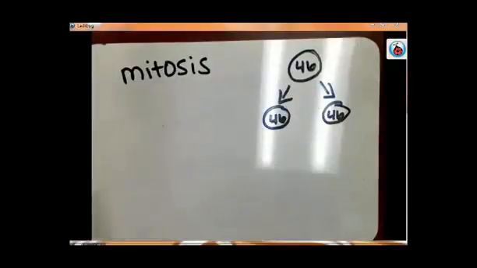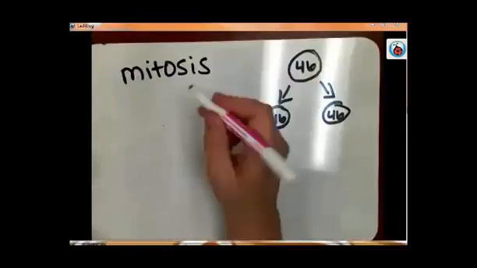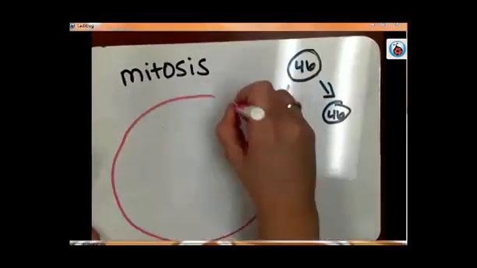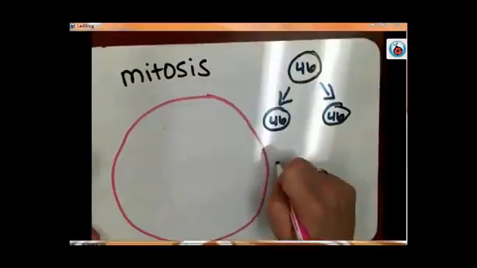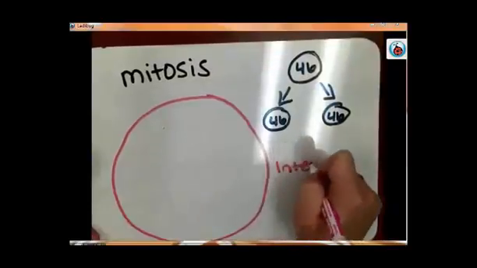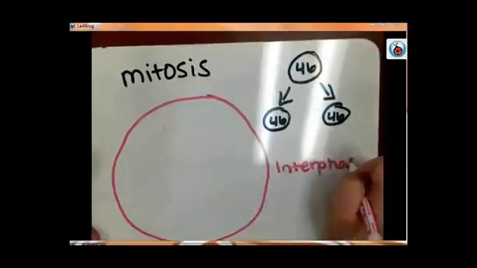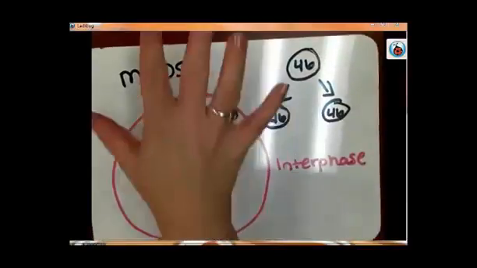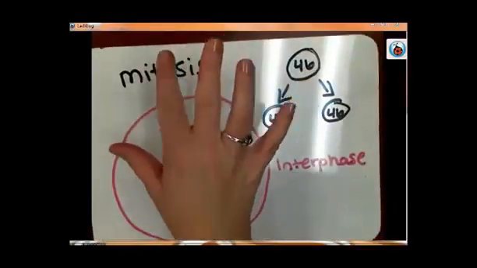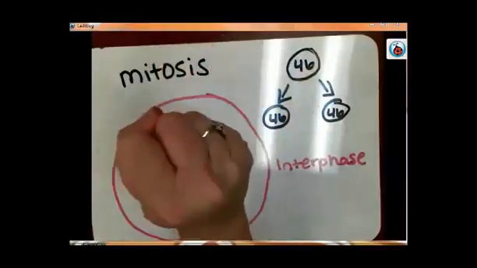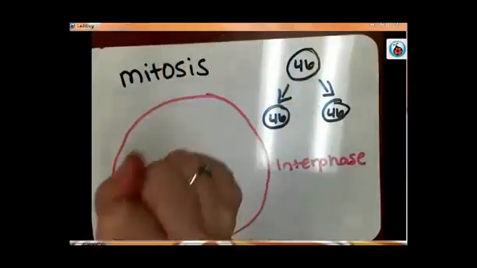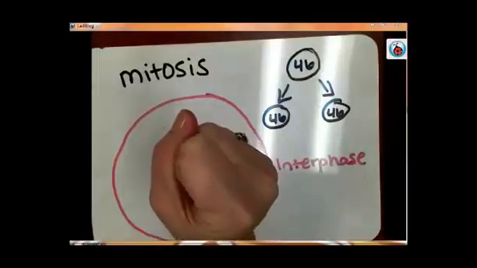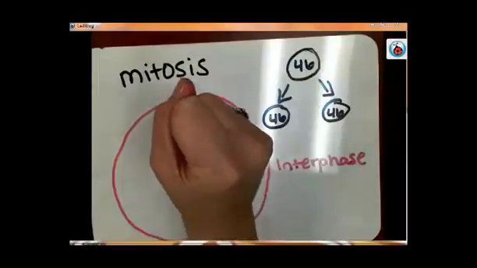To start us off, we'll go ahead and draw our cell, draw that in pink. And we'll just have it what it would look like in interphase. Now remember, if you're doing the hand mitosis and our fingers represent chromosomes, for interphase, I say that you should represent your chromosomes all bundled up, because when it's all bundled up, then it kind of shows that our chromosomes are not tightly wound together.